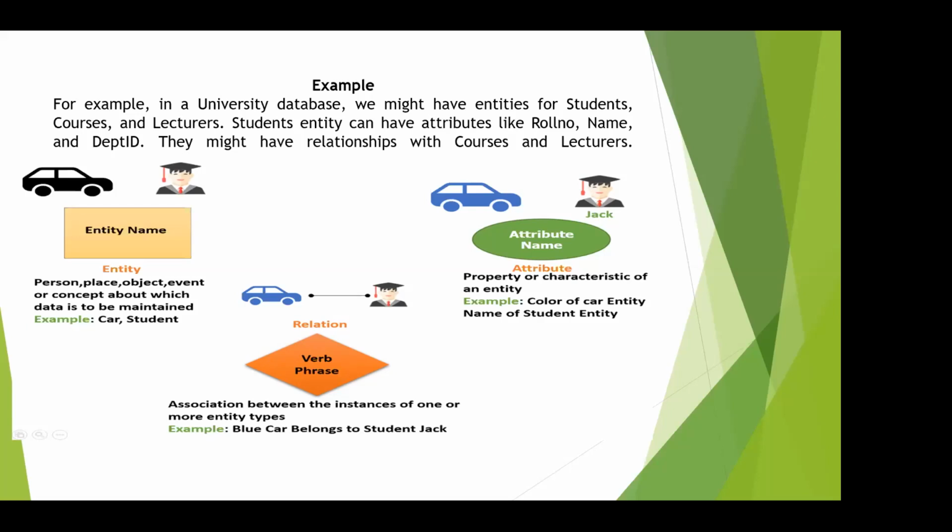So here, coming down from the picture: entity, person, place, object, event or concept about which data is to be maintained. Example, car. We are defining what a car is, what the purpose of a car is. Student, we are defining where he is studying and for what purpose he is studying. Okay. So a definable thing. Entity means a definable thing.